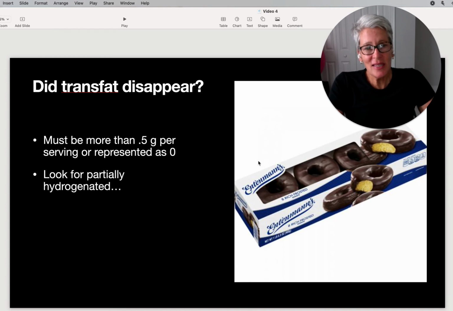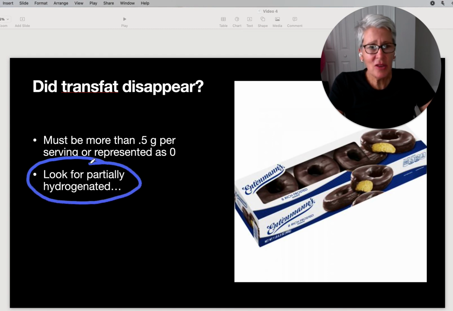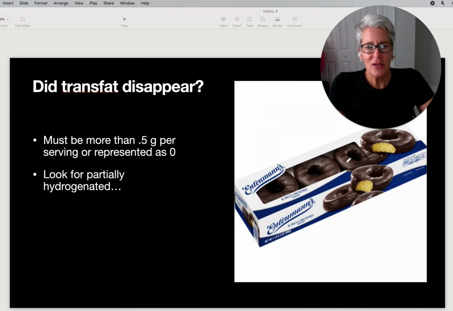So it's in there, it's in the product, and anytime you see this partially hydrogenated anything, know that that's that fat that is designed to be hard at room temperature and allow a product to sit on the shelf for a very long time. So what food manufacturers did is that they made smaller the servings with products that have trans fat. And the reason for that is that they could get away with putting zero there.